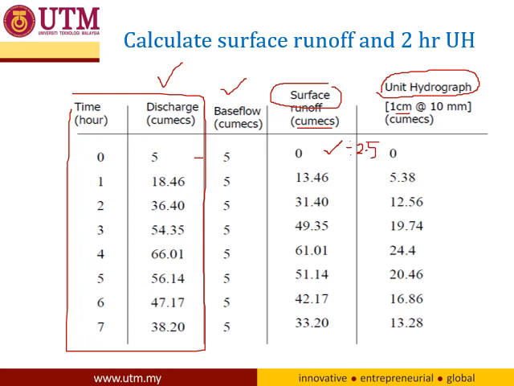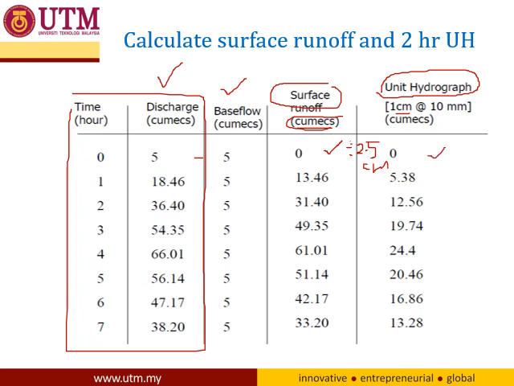How do you get this 2.5 centimeter? It is as I explained before. This is the total runoff for that particular catchment in centimeter. So the total runoff is 2.5 centimeter, and you want it in 1 unit depth, so you divide all this surface runoff in Qmax by 2.5.